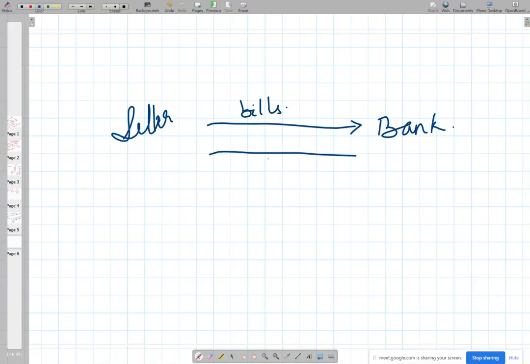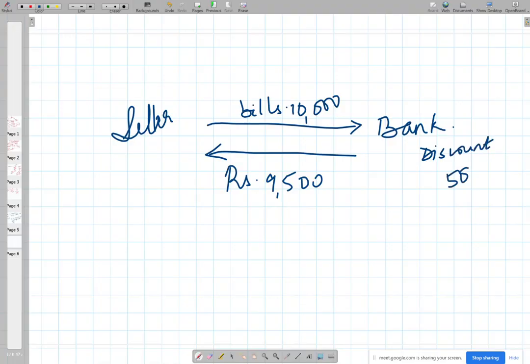The bank gives the seller some amount. Like if the bill was of 10,000 rupees, the bank will deduct a discount of 500 rupees, which becomes its own income, its own interest, and the remaining 9,500 it will give to the seller.